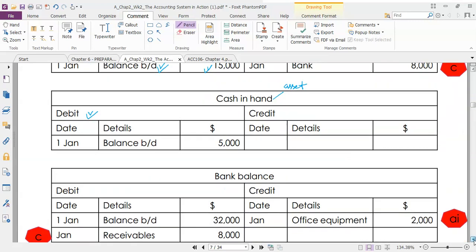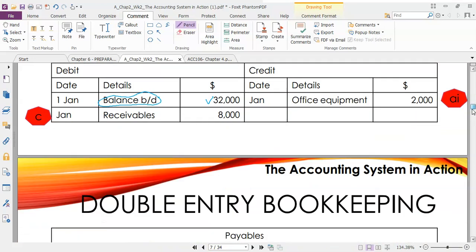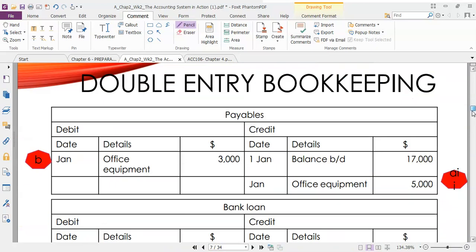Bank balance is also our asset. So that's why balance BD should be on the debit side, 30,000. Kita tengok dulu debit dia punya balance BD. Nanti baru kita tengok transaction.